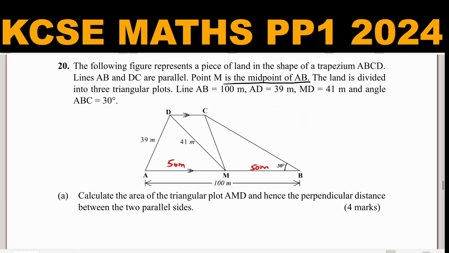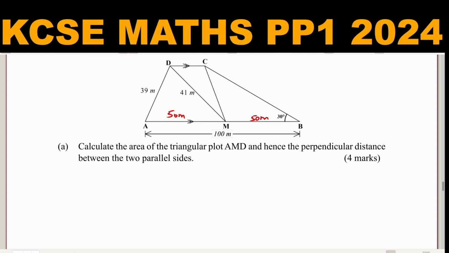So look at AMD. That one is a triangle whereby you have all the 3 sides given. Which particular formula do you need to use when the lengths of the 3 sides are given? Heron's formula is the best in this case. Let me state Heron's formula.